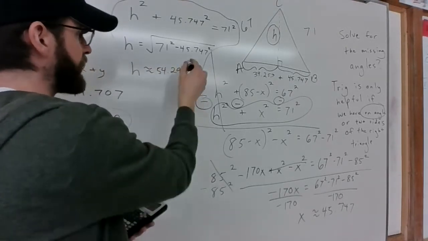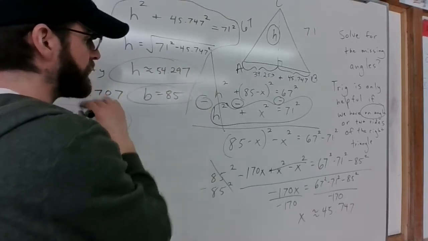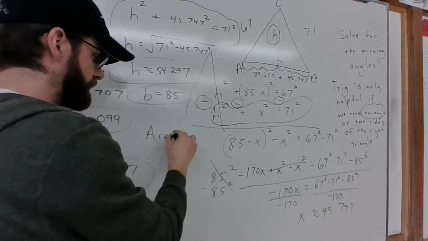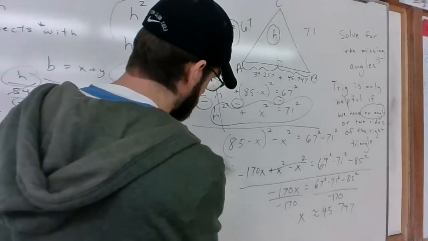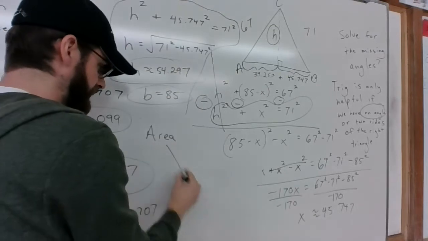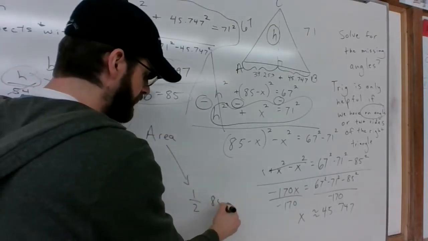All right, we've got our height, we've got our base, the area of this triangle. Sorry, we're cramping space here. It's 1/2 base times height.